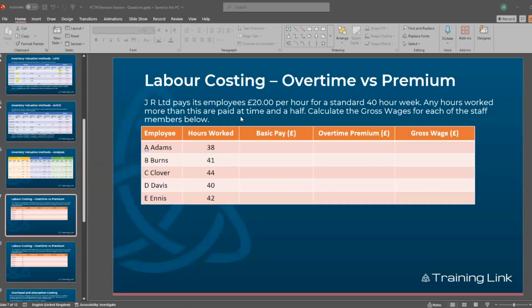So in this example, JR Limited pays its employees £20 per hour for a standard 40-hour week. Any hours worked more than this are paid at time and a half, and we need to calculate the gross wages for each of the staff members below. I've got this same question type twice. The only difference is that the heading of this column is overtime premium, and the heading of this one is overtime.